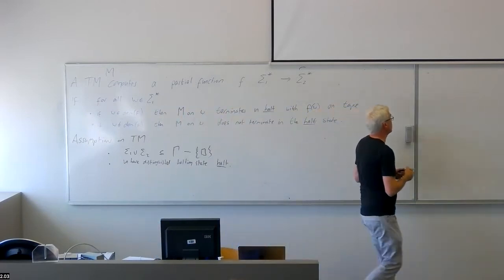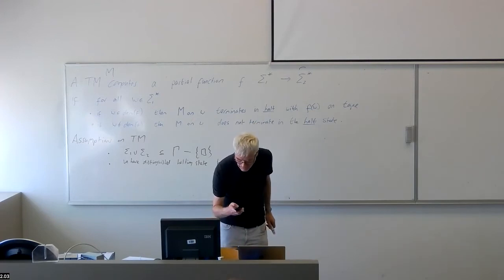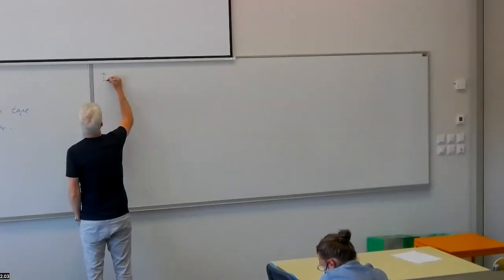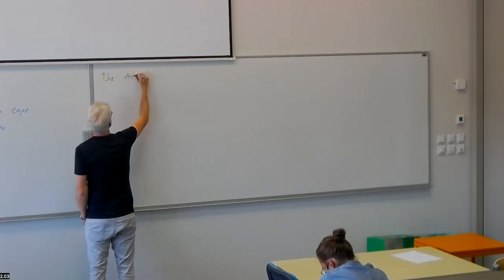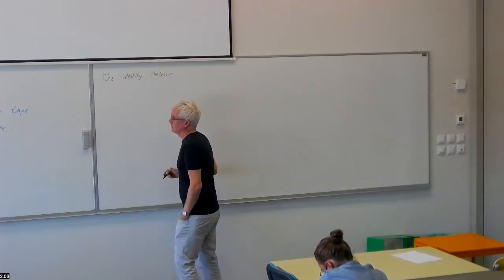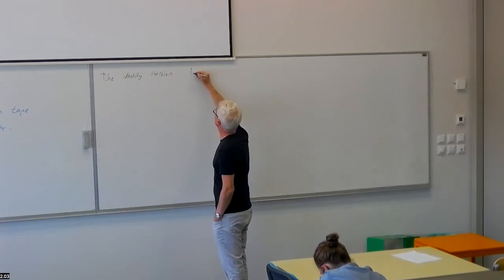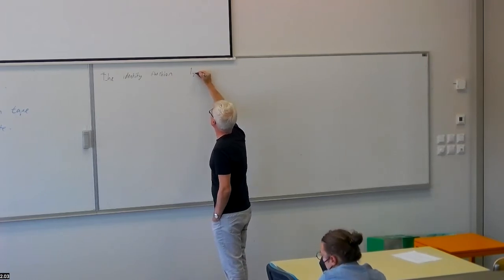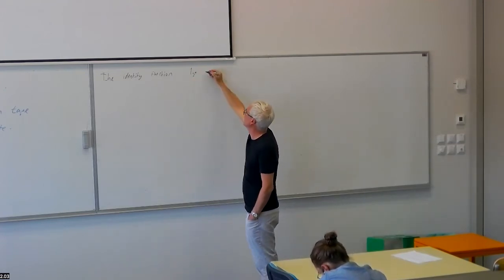So the first one is the identity function, which I'm going to write like this: 1 on sigma star, the identity function on the set of words over the alphabet sigma.